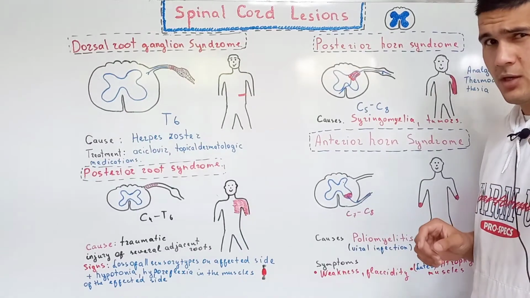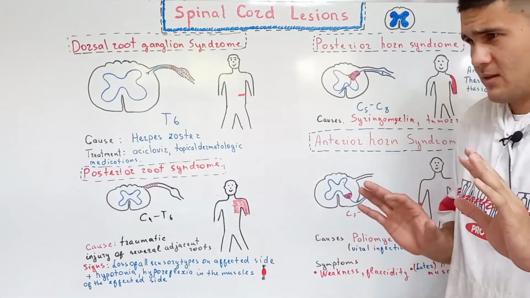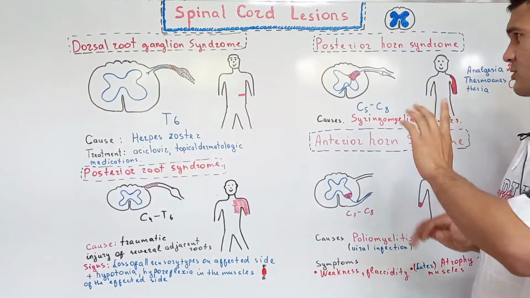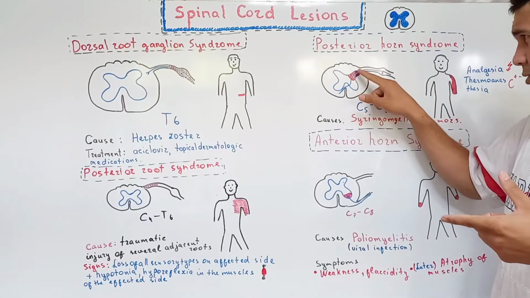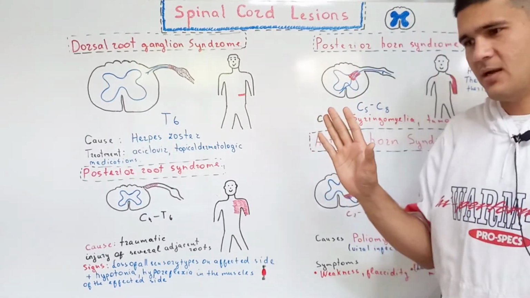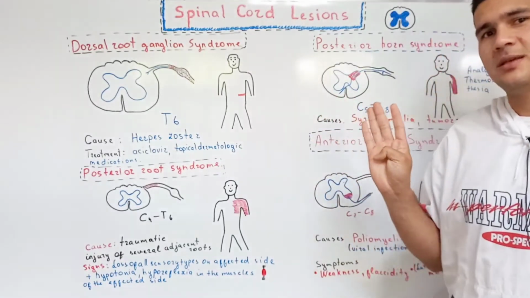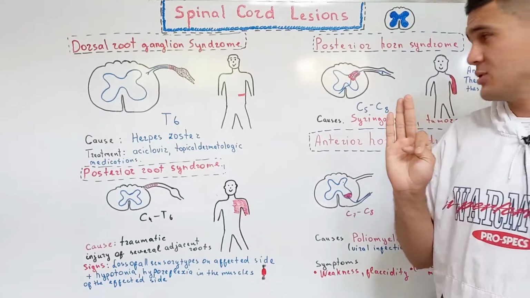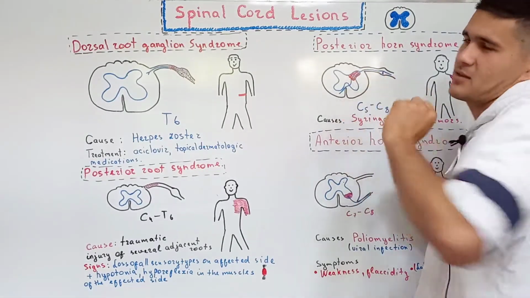If you learned our previous lesson deeply, you will not have any difficulty understanding this syndrome. On the posterior horn, the impulses that are carried from the thermoreceptors and the pain receptors synapse with the second neuron.